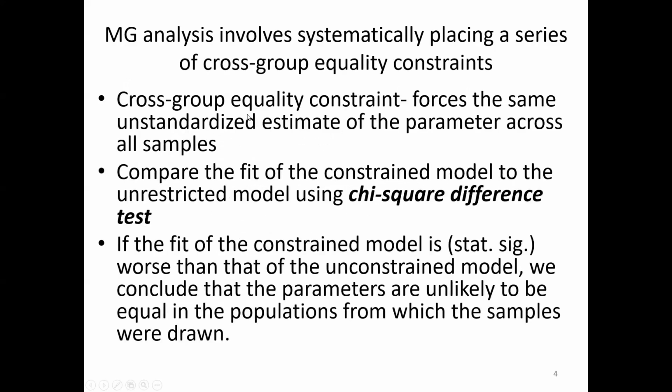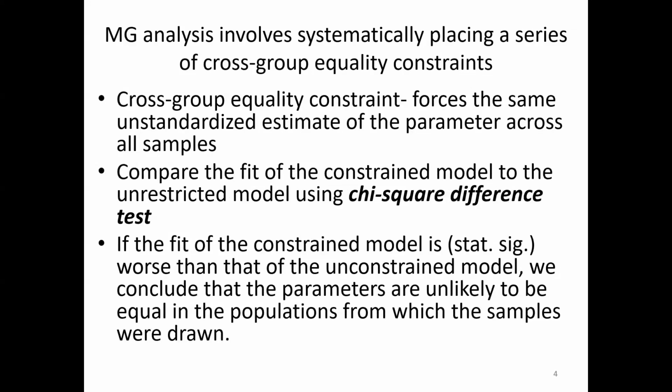So our basic logic is that we can do these cross-group equality constraints, so we can force the same. And when we do these equality constraints, we're actually constraining the unstandardized estimate of the parameter to be equal across the samples.